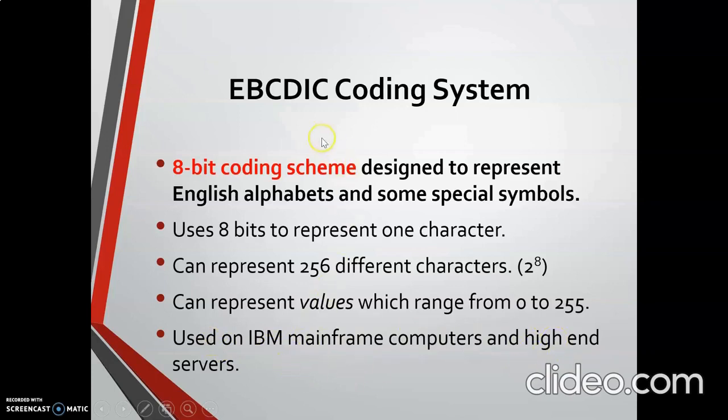So the difference between EBCDIC and ASCII is just where it is used. Other things are the same because it uses 8 bits to represent one character. It can represent 256 different characters, 2 to the power of 8, and the values range from 0 to 255.